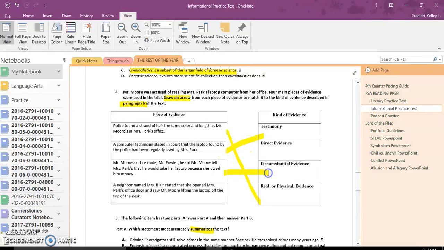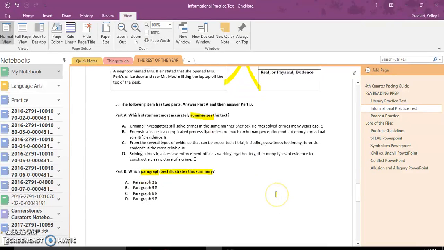It's based on circumstance. And then a neighbor named Mrs. Blair stated that she opened Mrs. Parks' door and saw Mr. Moore lifting the laptop. So eyewitness, somebody actually saw it, so that's direct evidence. Okay.